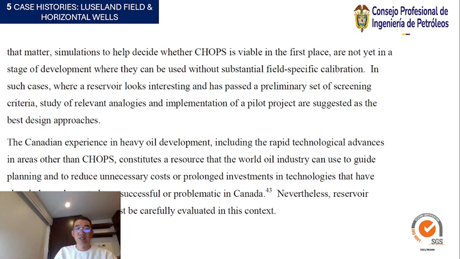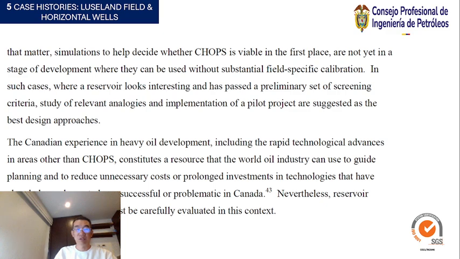The Canadian experience in heavy oil development, including the rapid technological advance in areas other than CHOPS, constitutes a resource that the world oil industry can use to guide planning and to reduce unnecessary cost or prolonged investments in technologies that have already been shown to be unsuccessful or problematic in Canada.